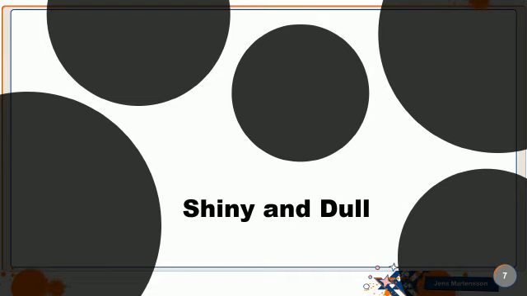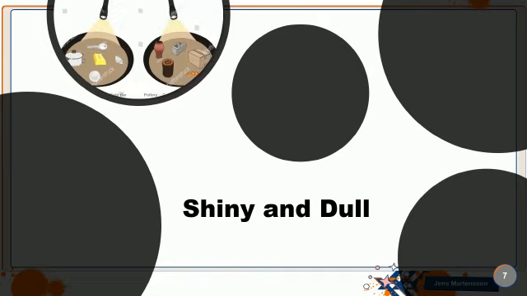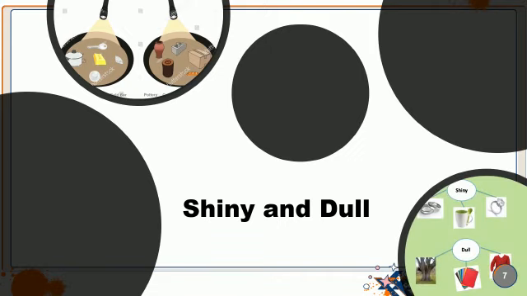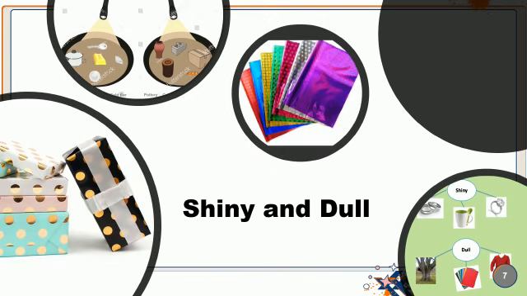For example, key, pot, stone, ring. These are the examples of shiny objects as you can see in these pictures. Same like that, some gift wrappers are also very shiny and attractive as we can see in the picture below.